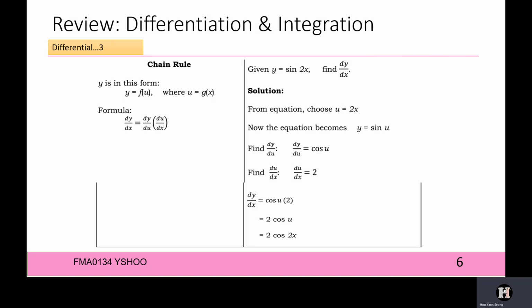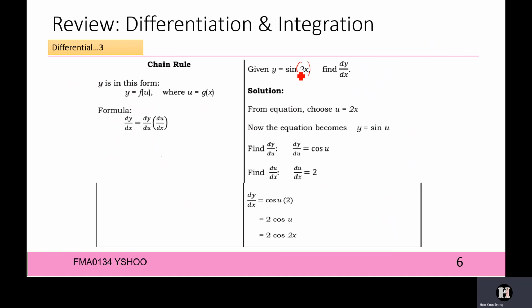Then after that, now we go to the chain rule. Chain rule means the functions are linked together like a chain, so you do it one by one. The simplest one is like this.